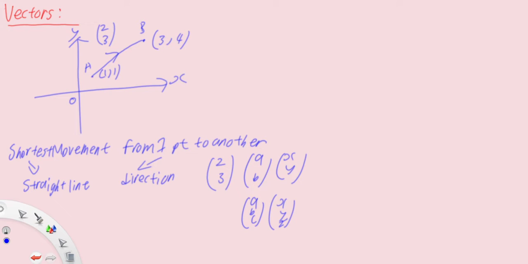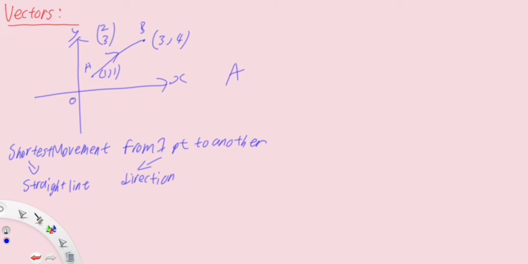So this is really what vectors is all about. Basically, how you're going to move from one point to the other, and what is the movement involved, and that particular movement is the vector. So there are many ways to denote a particular vector. Let's say we want the vector AB. How we write it is AB, and then we draw an arrow on top.